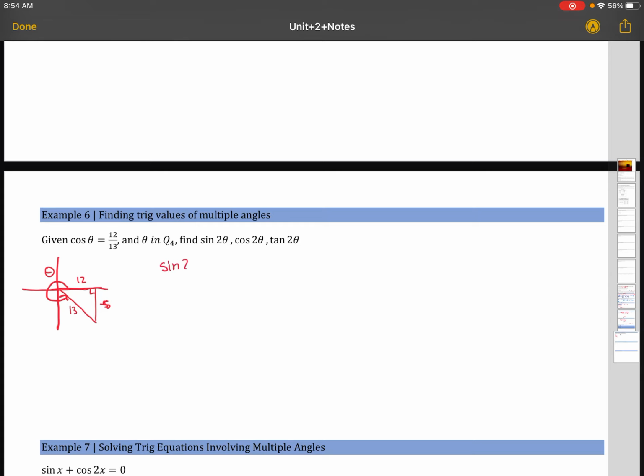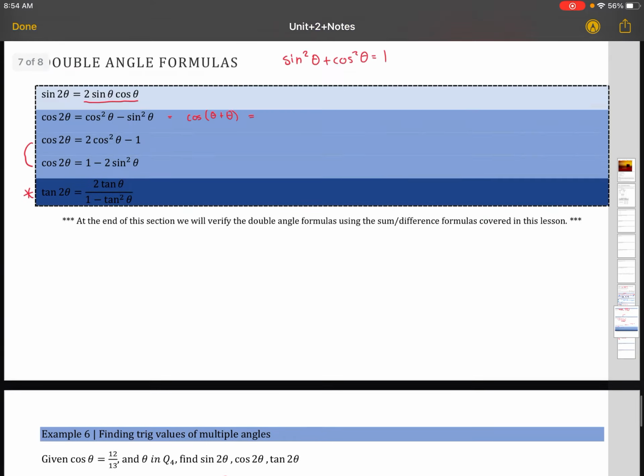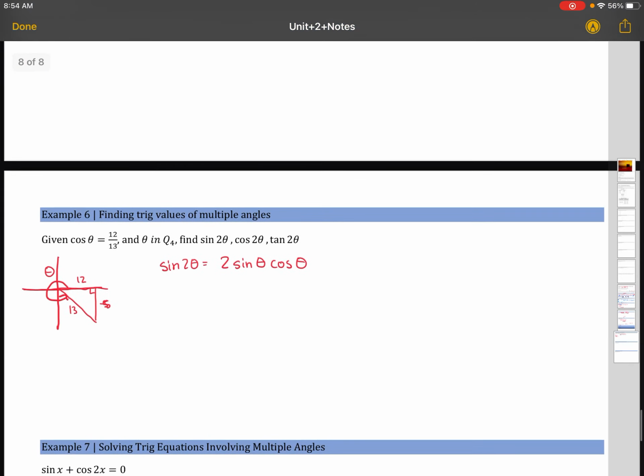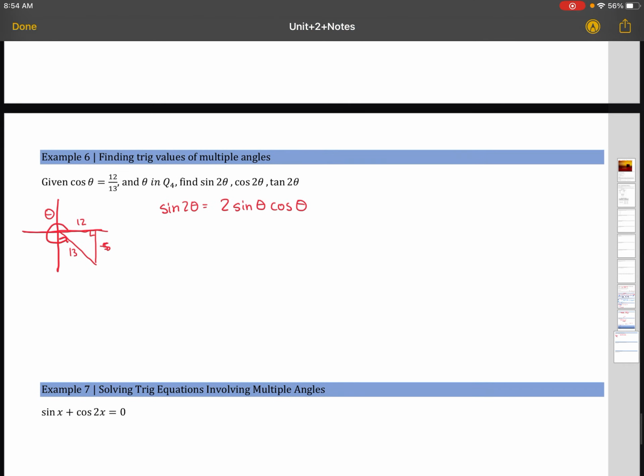So first, sine 2 theta is 2 sine theta cosine theta. If we look at our triangle here, we know the sine of theta is going to be -5 divided by 13. We already know cosine theta, so we don't need to write that. And we know tangent theta is equal to -5 divided by 12.